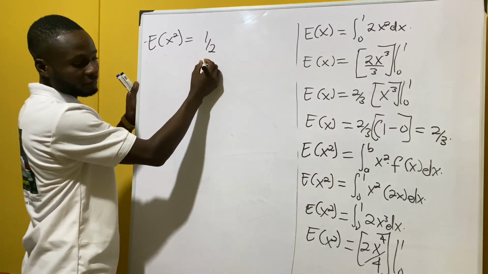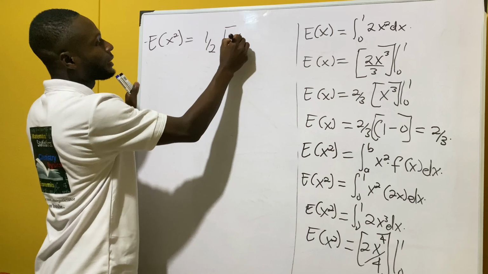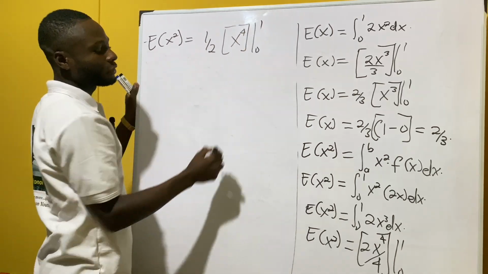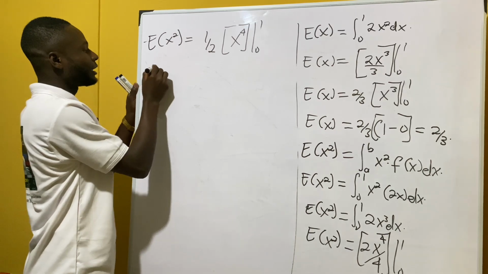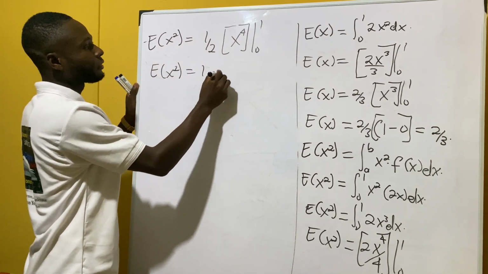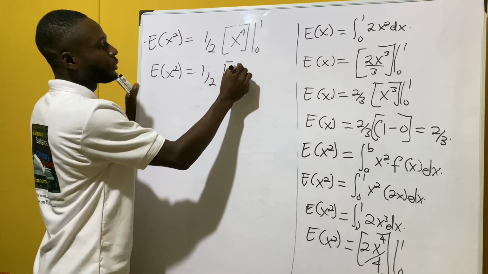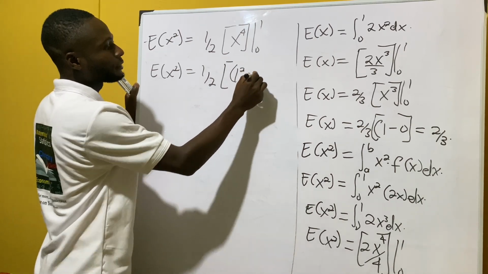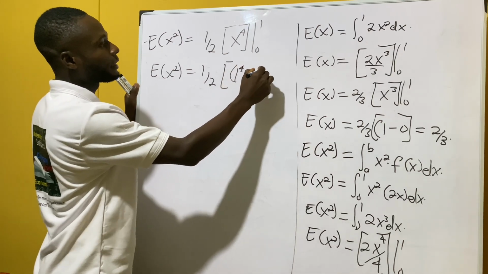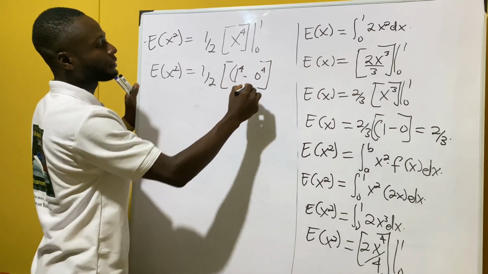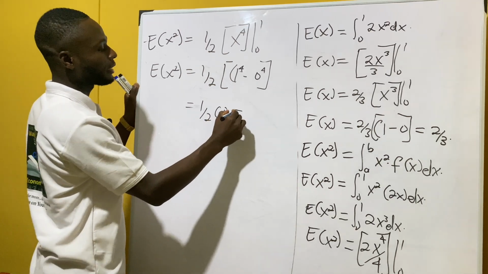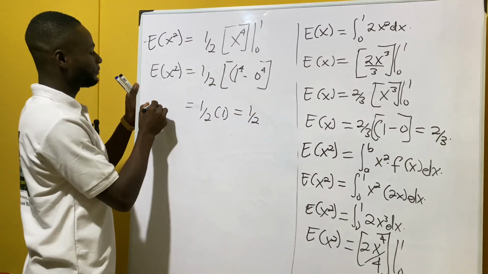So we have half into x power 4 on the limit 0 to 1, right? So we say that expectation of x squared, or the second moment, is equal to half into 1 power 4 minus 0 power 4, which is the same thing as 0, right? So we have half into 1, and that gives us half, right?